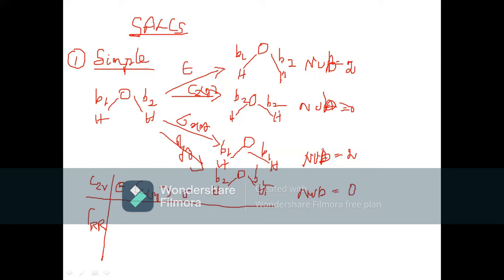So for E, C2, sigma xz and sigma yz, it's going to be 2, 0, 2 and 0.